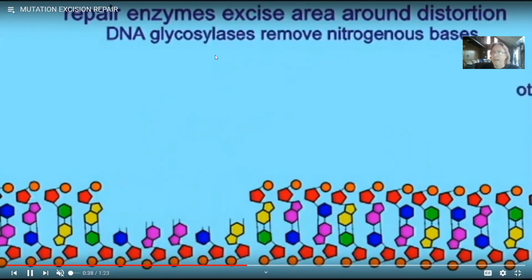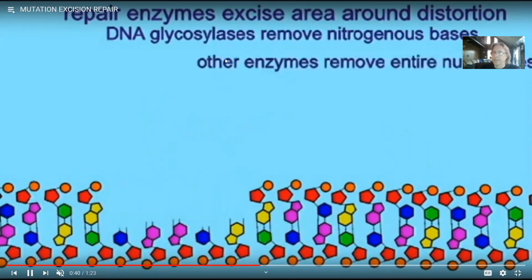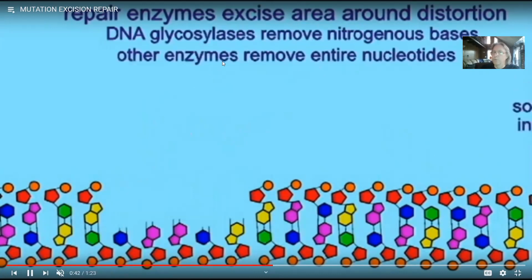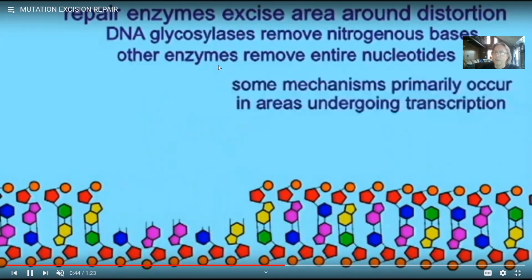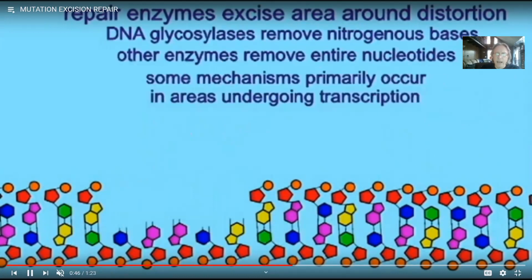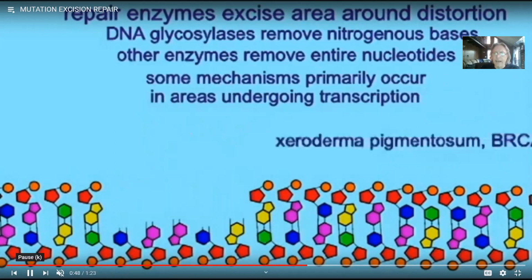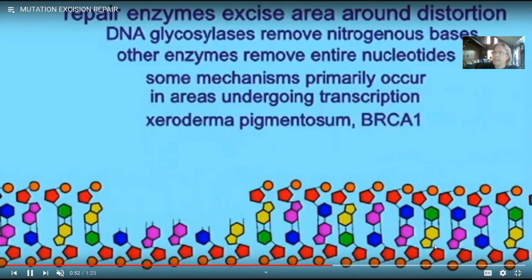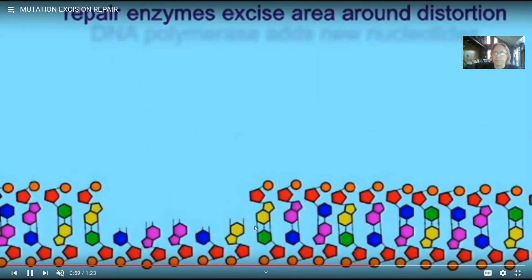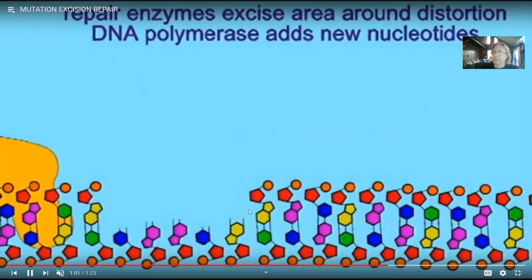Okay, so once again, there are different ways of doing this. You could just take out nitrogenous bases, not even the whole nucleotide. You can remove entire nucleotides, etc. So what then happens is DNA polymerase can add new nucleotides in the 5' to 3' direction, just as it would during DNA replication.